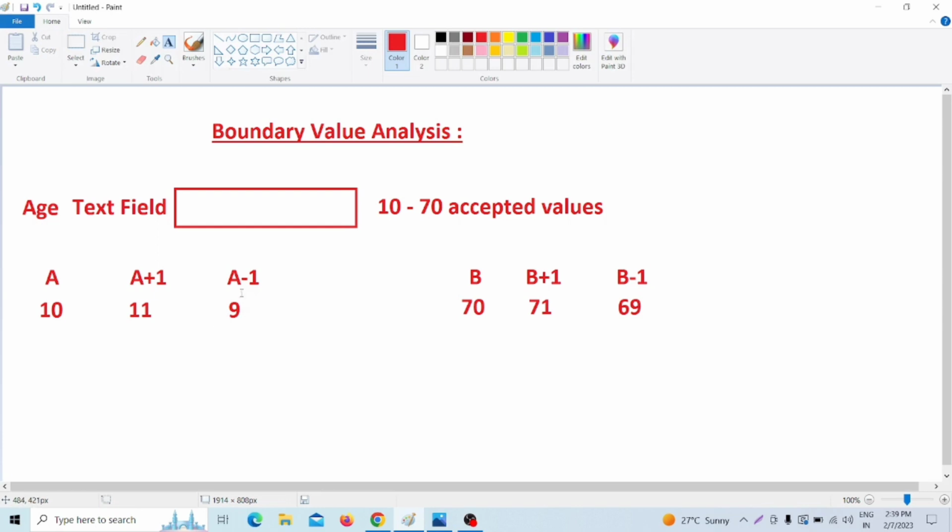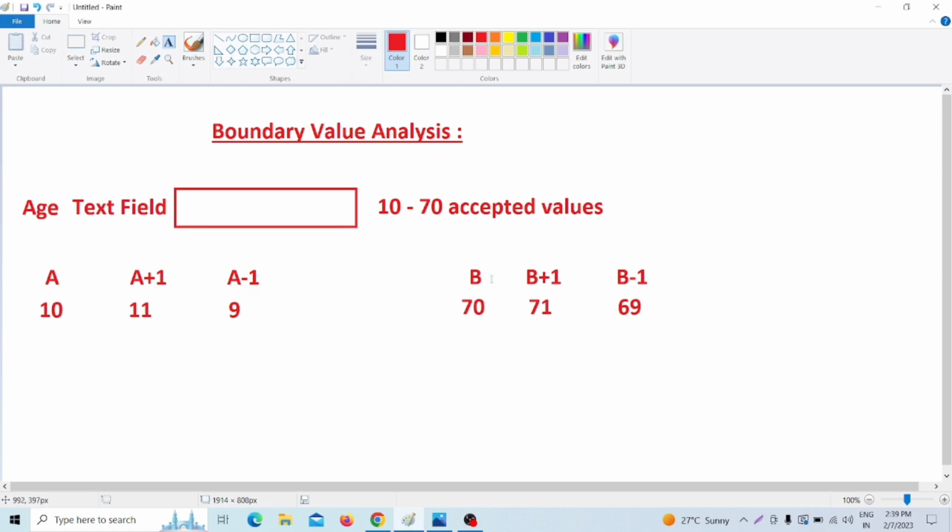Okay. So suppose the field accepts only 10 to 70. So we have to put 10 and 11 and 9. Why 9? Because 9 is less than 10. So we have to put 9 in the text field also, and check whether 9 is accepted or not.